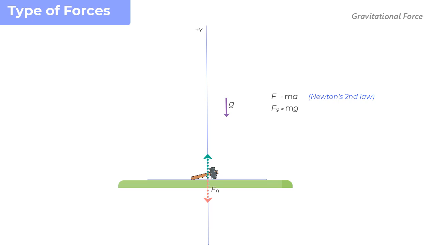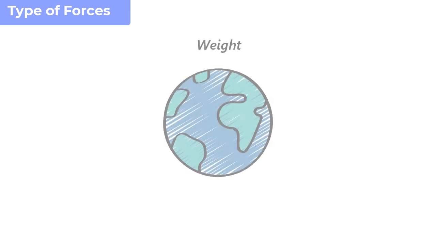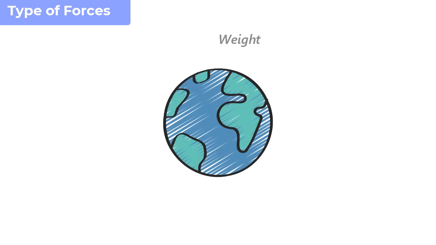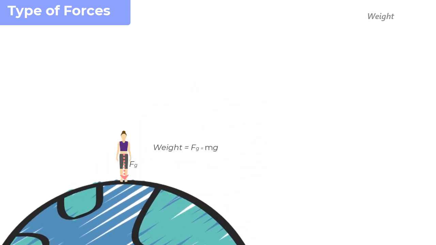The second force, very familiar to us, is the weight of a body, which we can say is the gravitational force that the earth exerts on it. So you might say, how is it any different from the force of gravity that we just discussed? Well, you would be quite right in making this observation, and it would be true in most instances, but not always true.